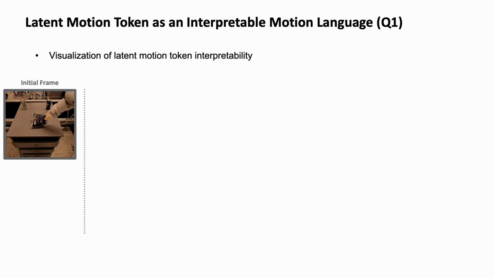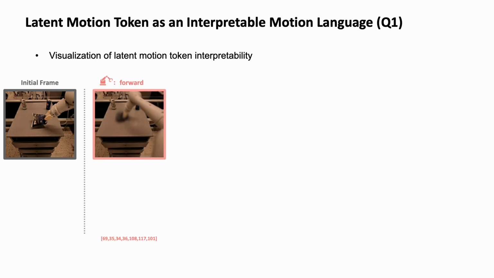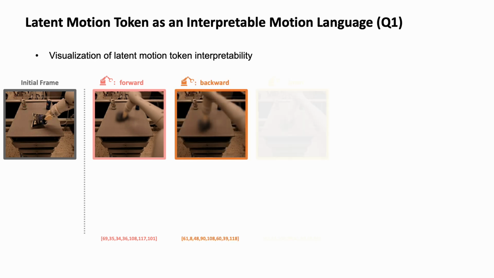For question 1, we show that the latent motion tokens are interpretable and controllable. For example, given the same initial frame, we can visualize different and meaningful visual motions using different latent motion tokens.